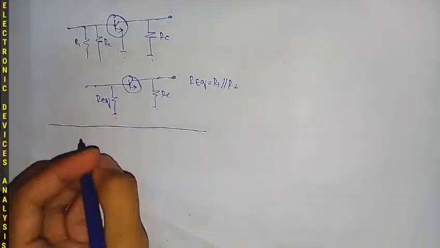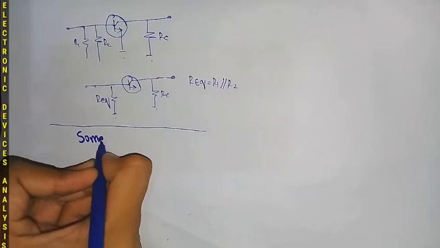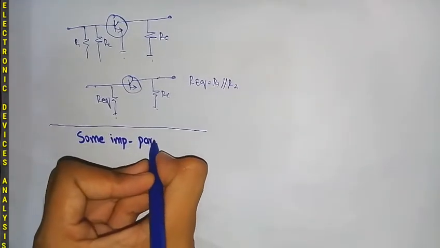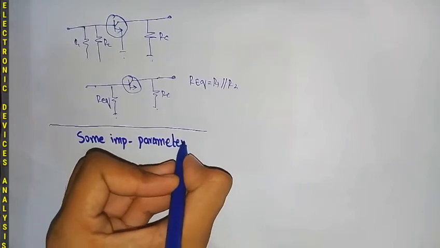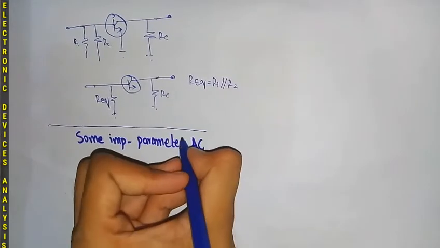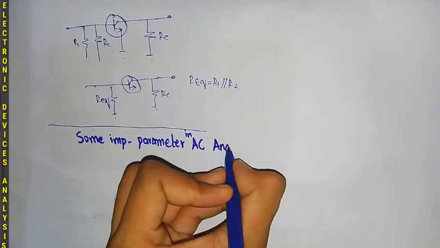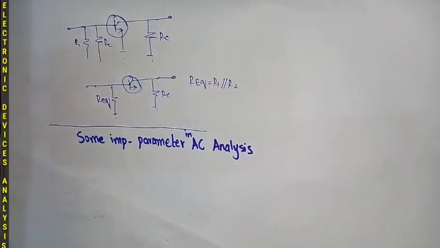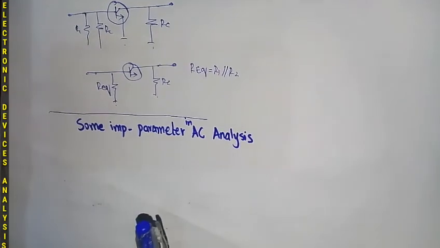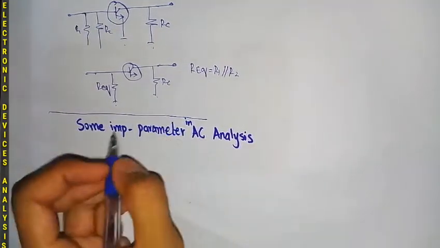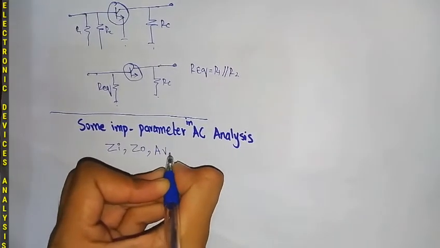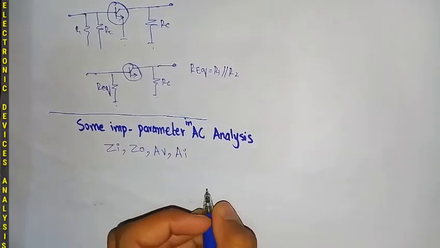So guys, now we will see some important factors or parameters we find in AC analysis. In the AC analysis, the important factors are ZI, ZO, AV and AI.